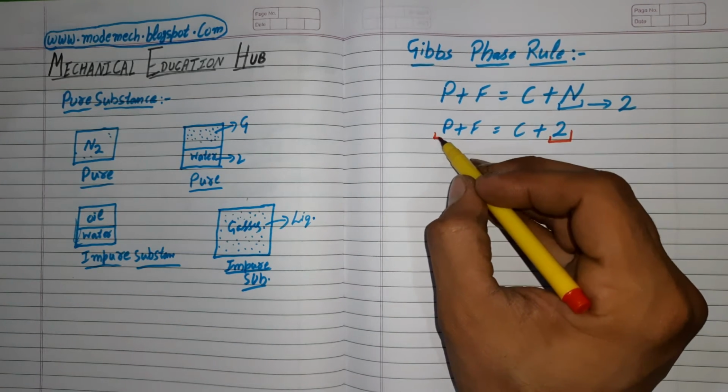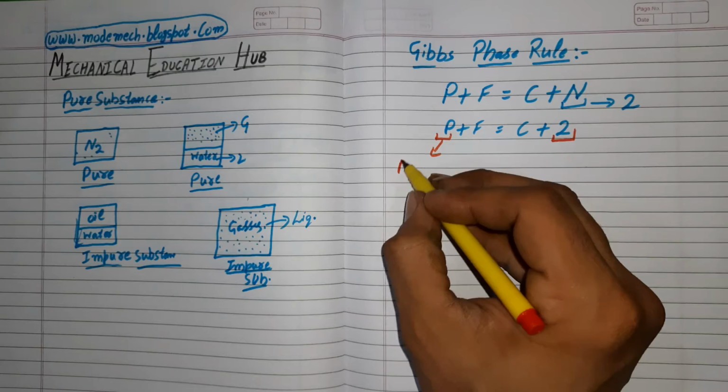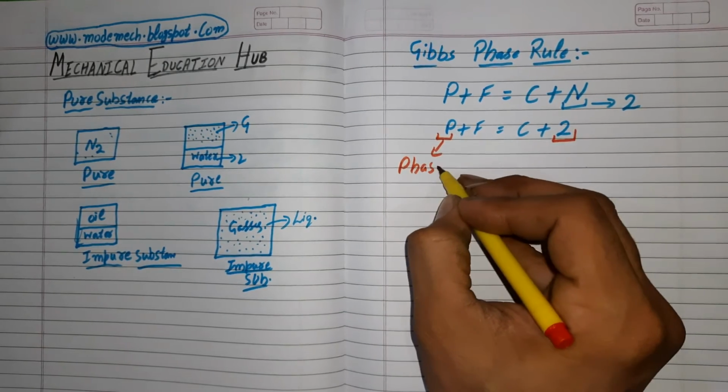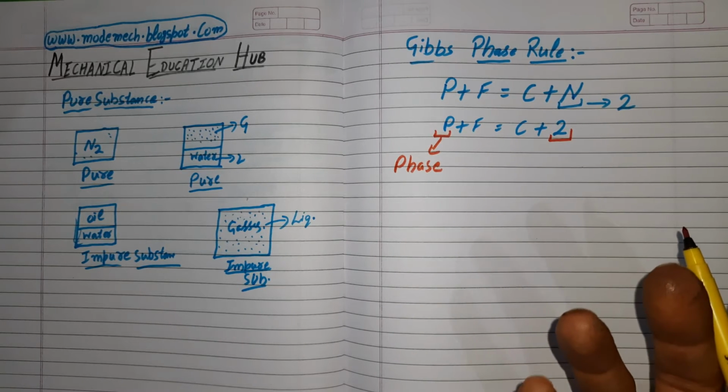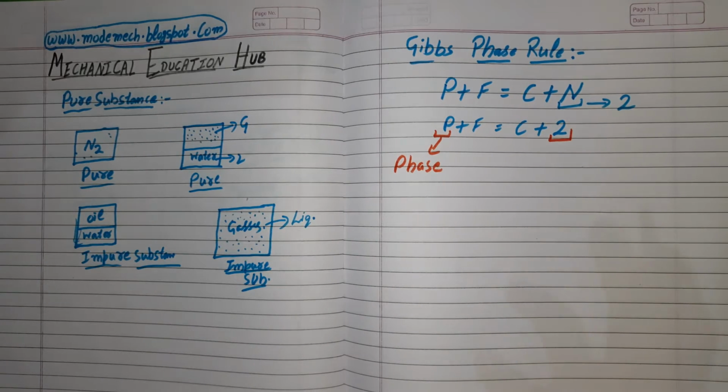Here this P represents the phase, that is, the phase can be liquid or gaseous or solid.